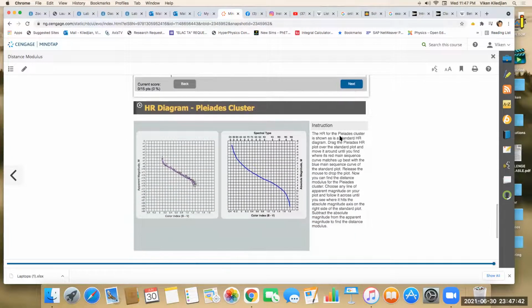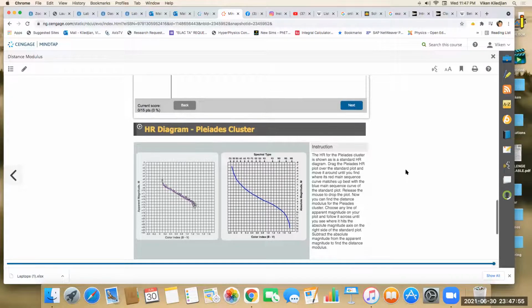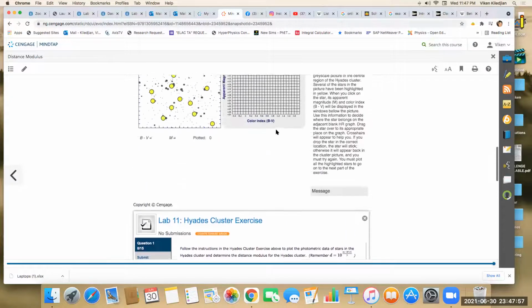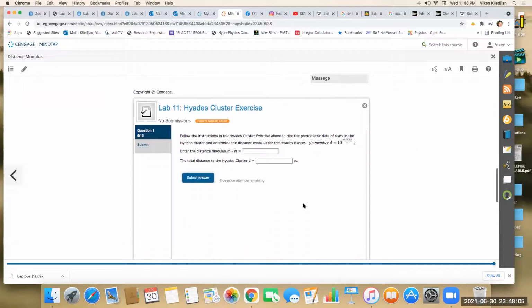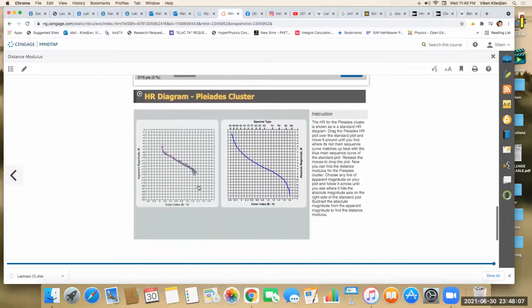The HR diagram for the Pleiades star cluster is shown as a standard HR diagram. Basically, after you fill out this one here, it should look like this one. It should look like this on the left, with the color index and the apparent magnitude.